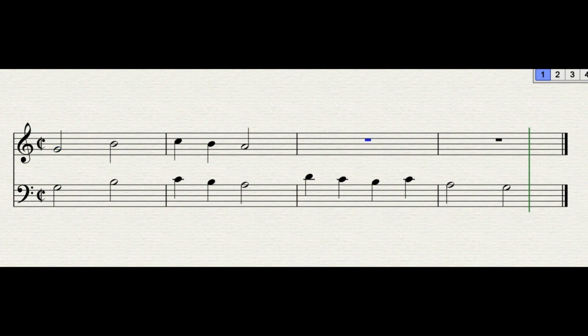That's the same D. But we don't want the same D. We want the D that's an octave higher. 1, 2, 3, 4, 5, 6, 7, 8. So here we are writing it an octave higher. Go down a step, because this went down a step to B here.